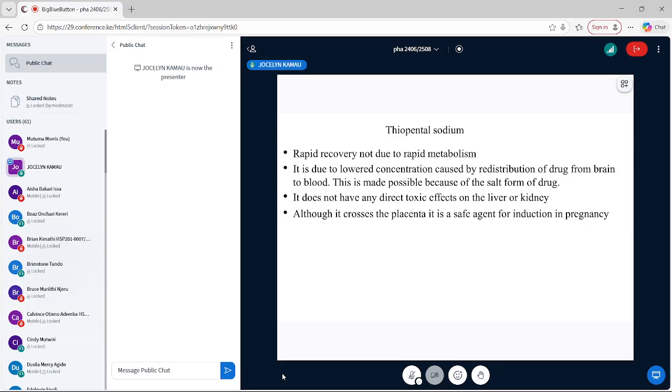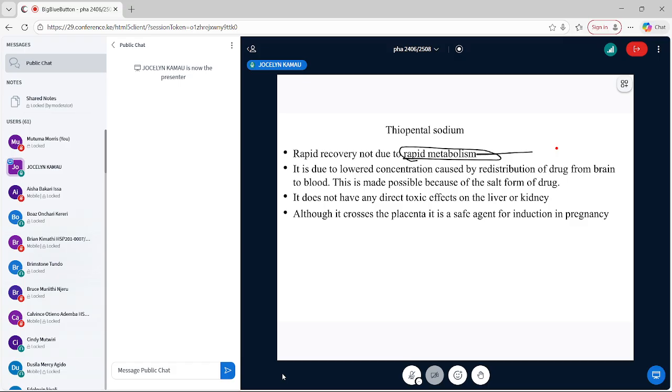Rapid recovery, not due to rapid metabolism, as we have mentioned, but due to redistribution. So kindly know, differentiate. Yes, a drug, because of the alkyl structure, it has an aliphatic hydrocarbon. It does undergo metabolism through oxidative hydroxylation, but that is not what gives it its short duration of action.